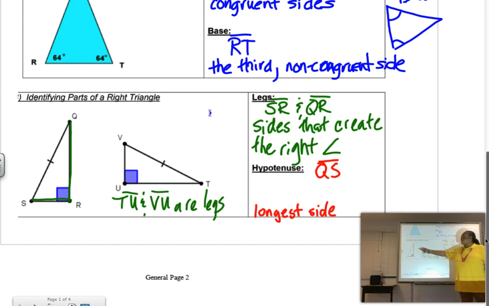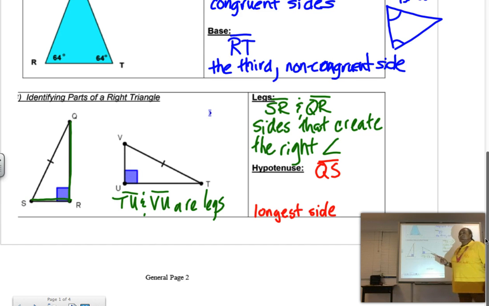But how do I know that that's the longest? It's not congruent to any other sides. Yes. Is it congruent to the two sides? No. Oh, that's an interesting point, but no, it isn't. Yes, Brandon? Okay, it's a segment in the triangle.